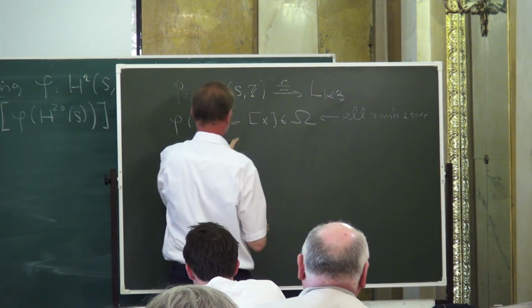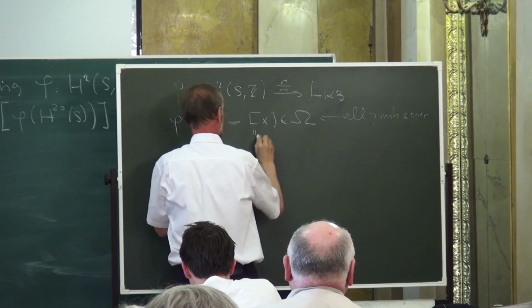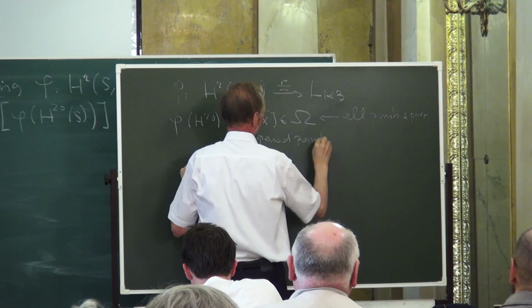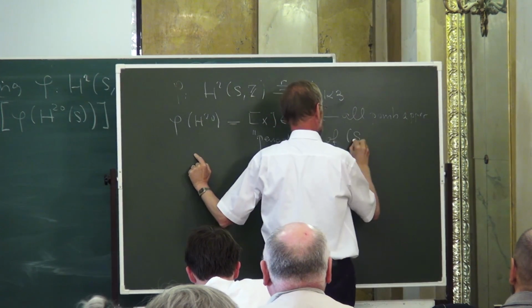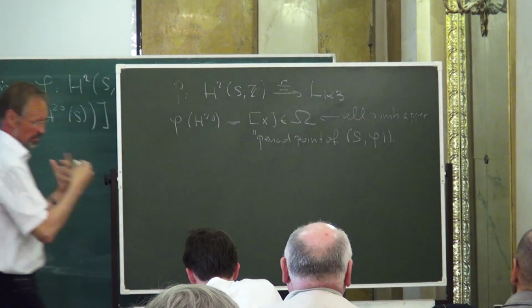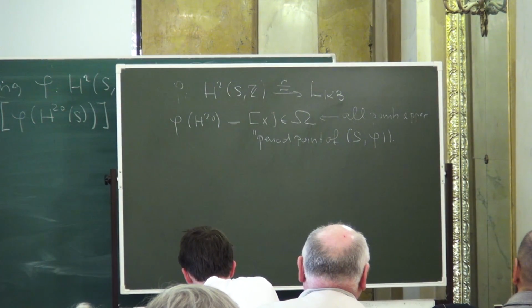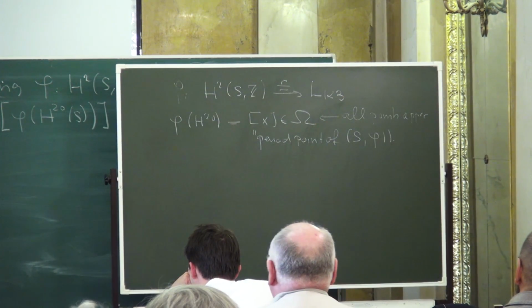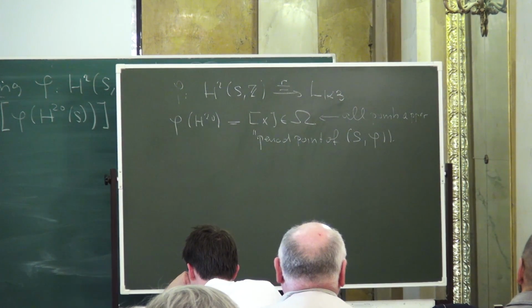Yeah? And this is called the period point of the complex surface S together with its marking. Of course, I can choose different markings. I'll get different points in my period domain, but they differ by an orthogonal transformation of my lattice.